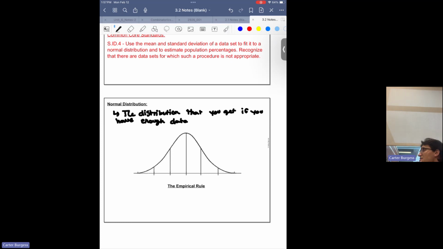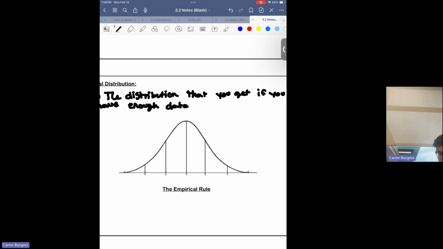And in particular, it is characterized by a large amount of data in the center, and then as you taper out from the center, you get less and less and less. So the central measure that we are going to be using here is our mu. And in particular, the way that we move away from mu is going to be with what we covered on Friday. We're going to be moving away from the center in terms of number of standard deviations.